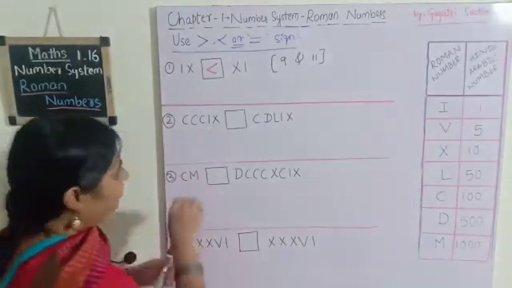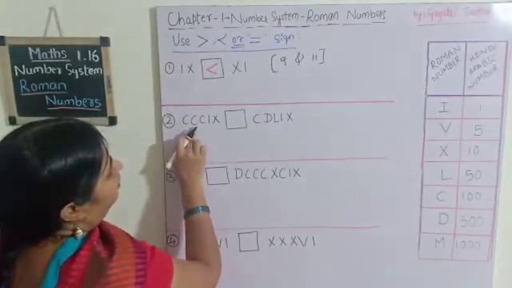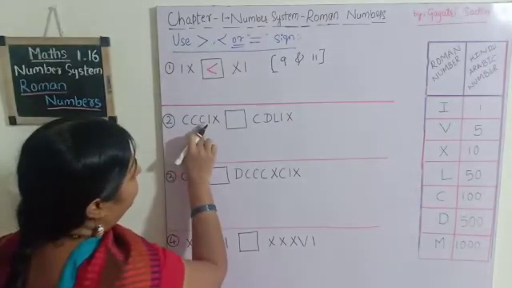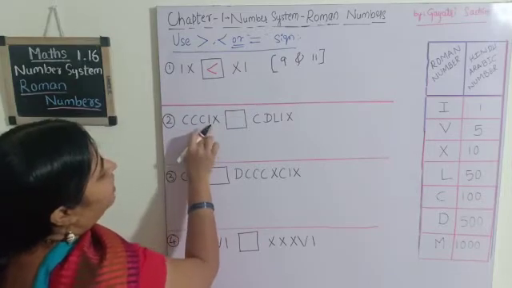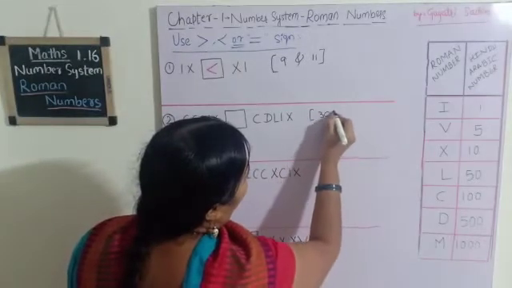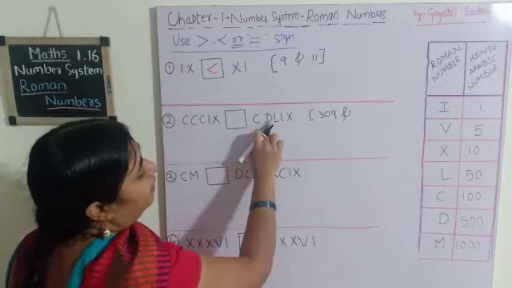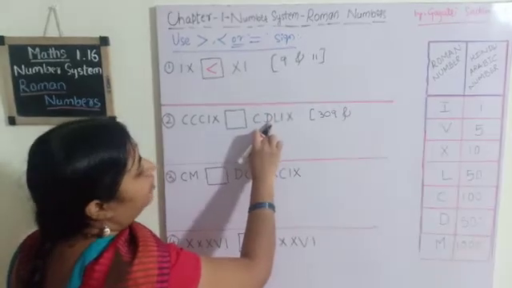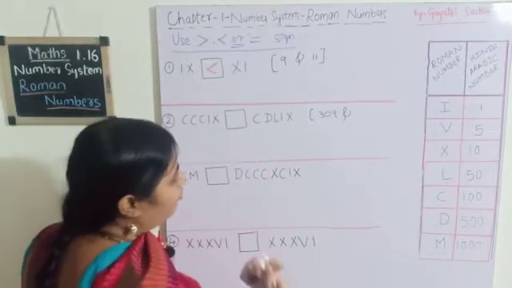CCCIX means we have to add 100 plus 100, 200 plus 100, 300, and after 300, IX means 10 minus 1, 9, so 309. And CDLIX: CD is 500 minus 100, which is 400.